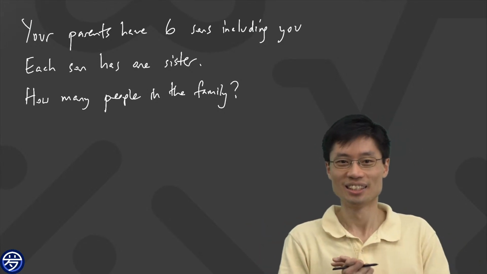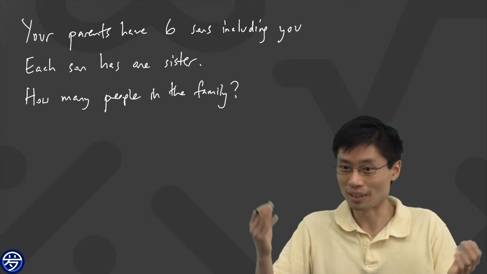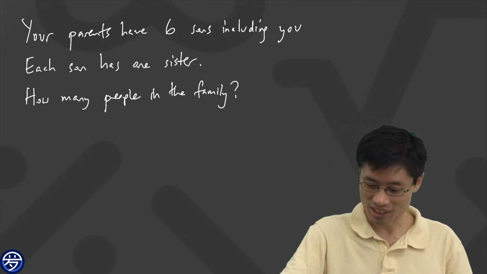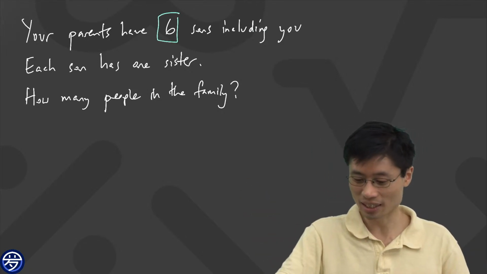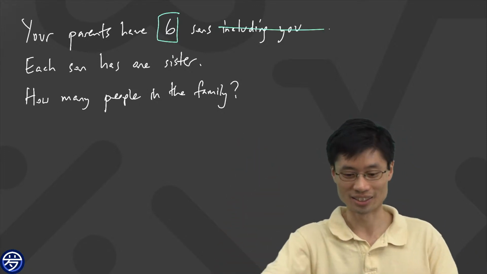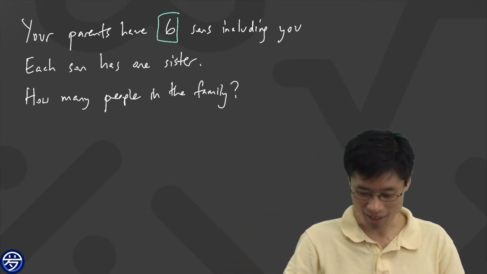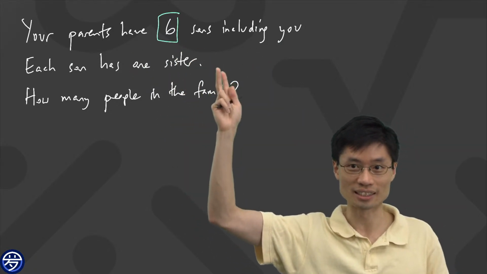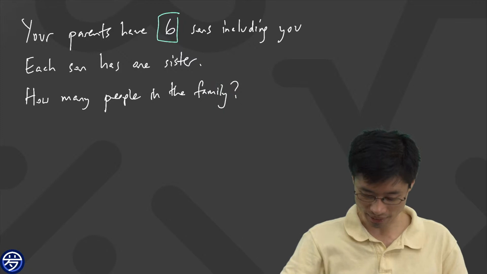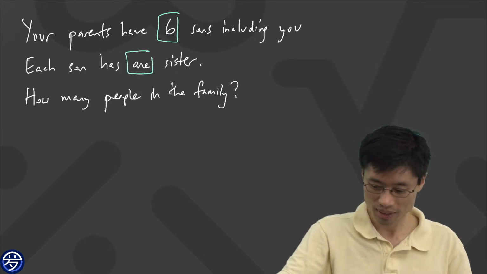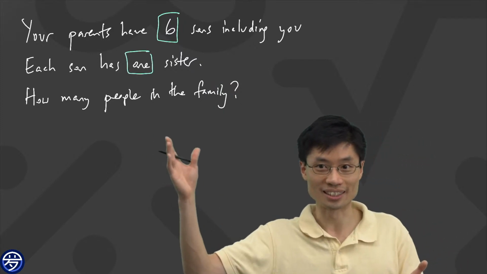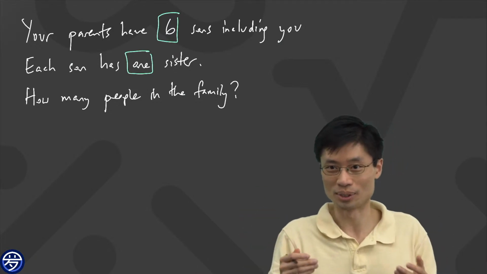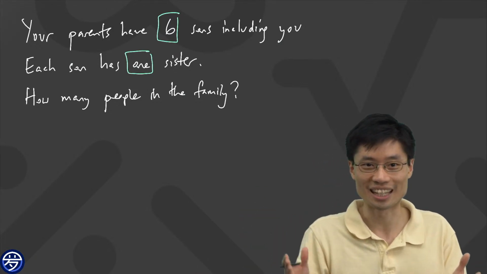What's the answer? I'm gonna give it a go. I might be wrong. I see 6, and it's including you, so that's it for the sons. There's 6 sons. Each son has 1 sister, so presumably there's 1 sister in the entire family.